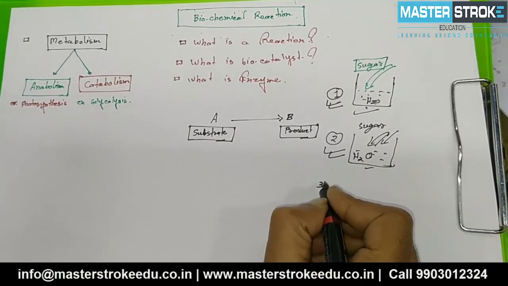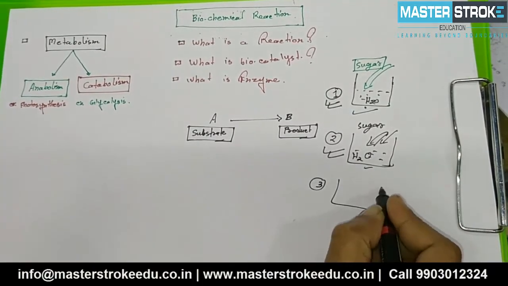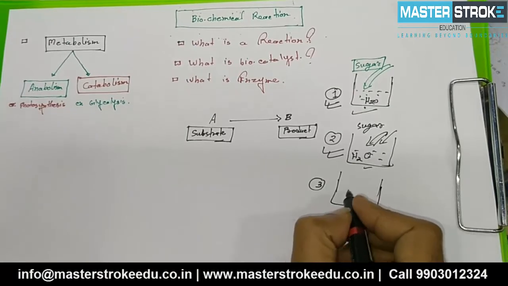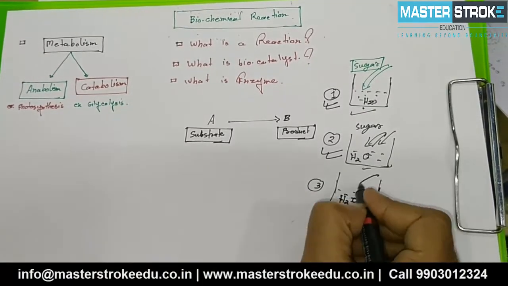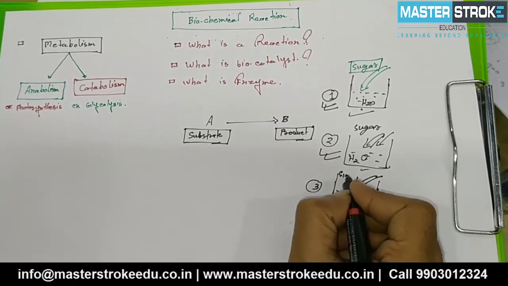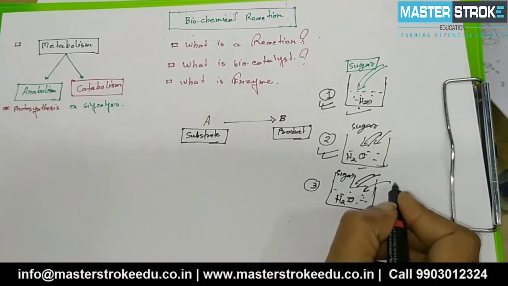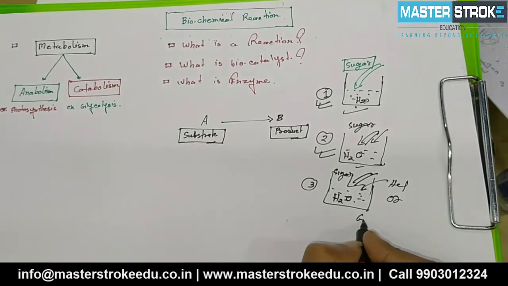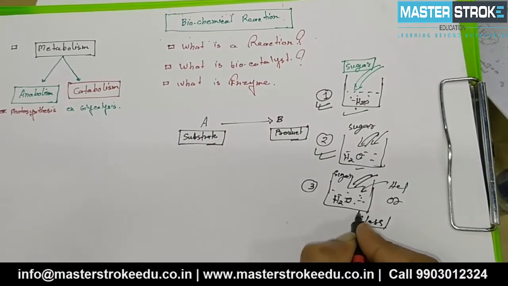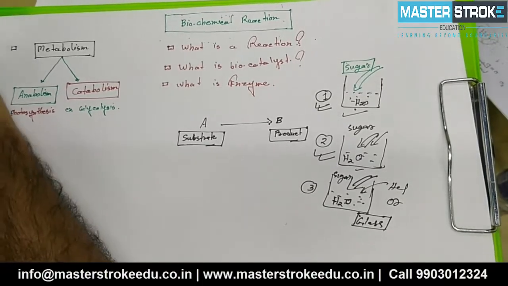In condition 3, we take water, and another time add sugar, and either we add HCl or we heat the glass or the solution. What happened?